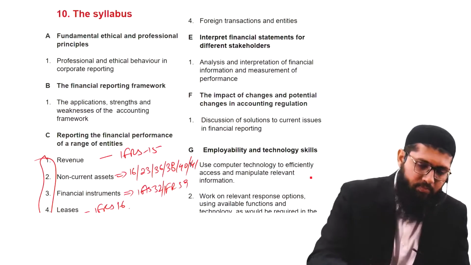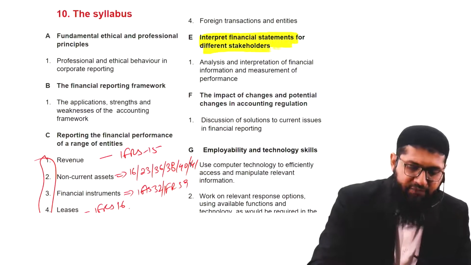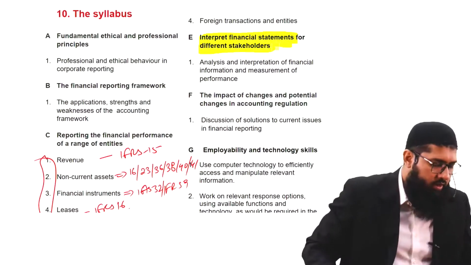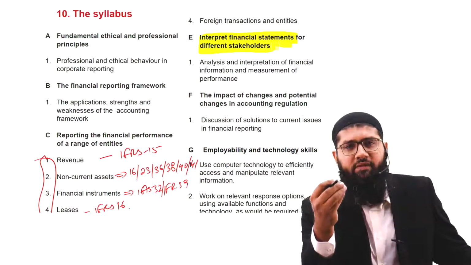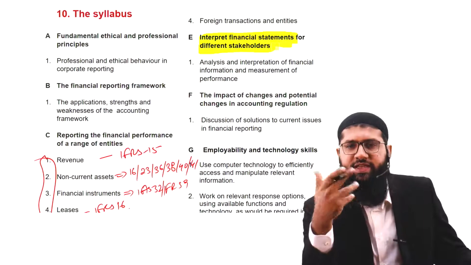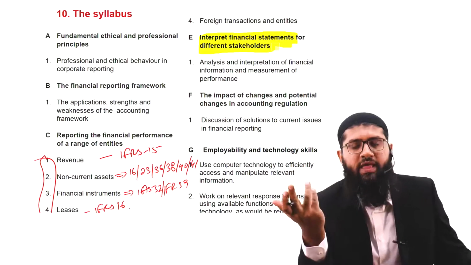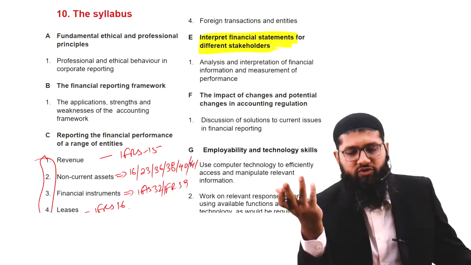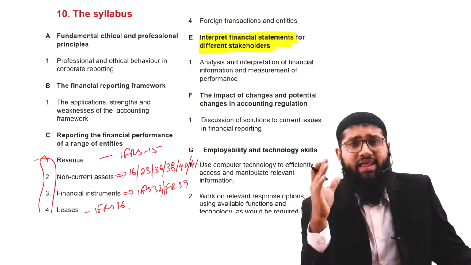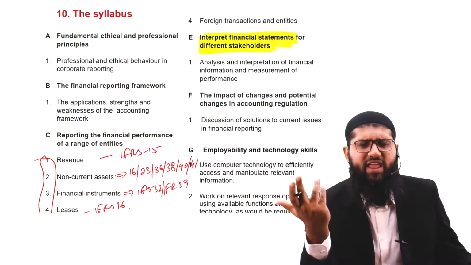Next, the interpretation of financials for different stakeholders, a very important and interesting area. At the F7 level, we study ratio analysis. The ratios are simply financial statement evaluation. But at this SBR level, it's an evaluation from the perspective of stakeholders.